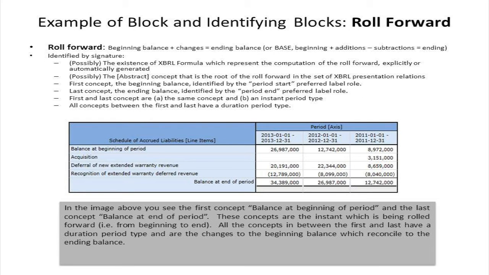Now contrast that roll-up with a different kind of block called a roll forward. A roll forward is where you have a beginning balance, and one or more changes that then add up to an ending balance. Generally with a roll forward, you'd have XBRL formulas that provide the business rules that would help you identify something as a roll forward.